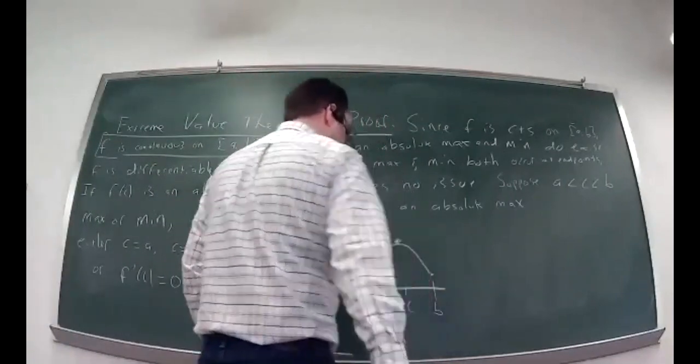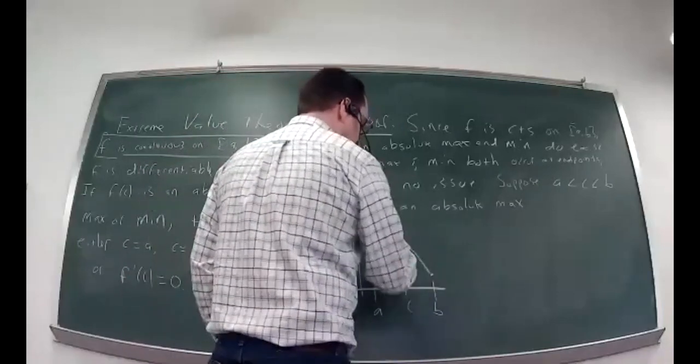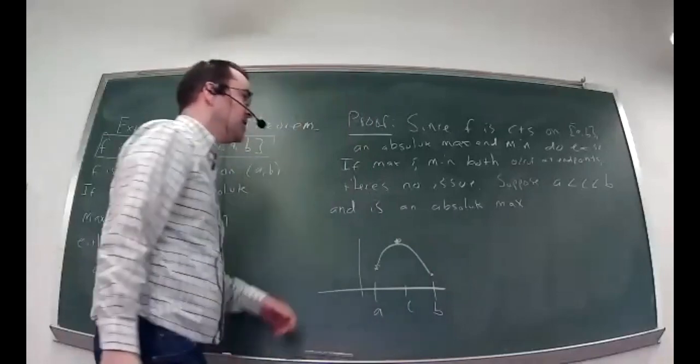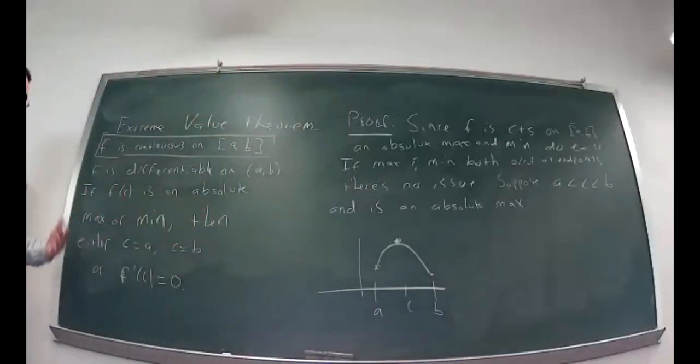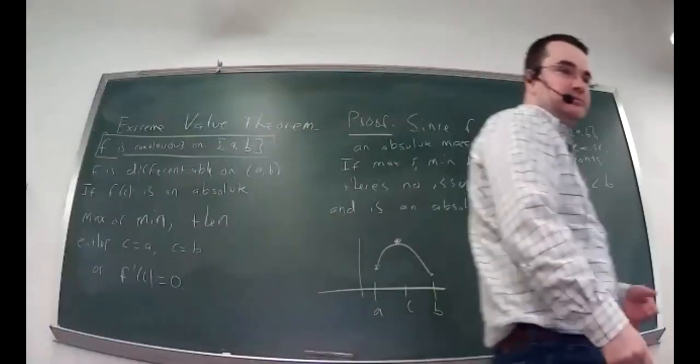Then you must also be a local maximum because you now have an open interval from A to B about which you're bigger than everybody else. So for an absolute maximum that's on the interior, not at an endpoint, you also have to be a local maximum.